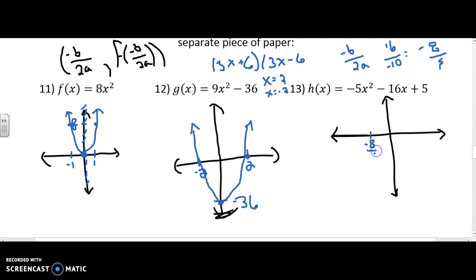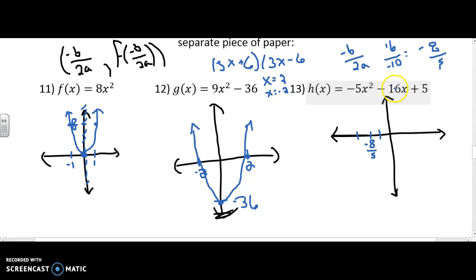In all reality, that is between negative 1 and negative 2. So if you're plotting this on a piece of graph paper, you want to make sure you're going somewhere in between negative 1 and negative 2. And then I'm going to go ahead and plug that back in and see what I get when I plug negative 8 fifths in to get my y value.